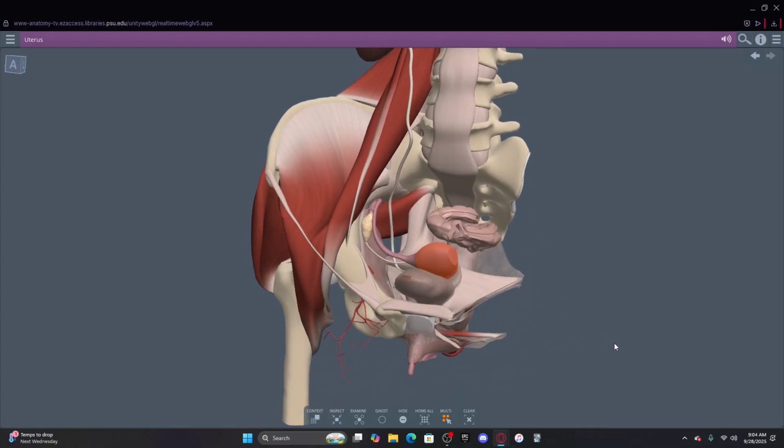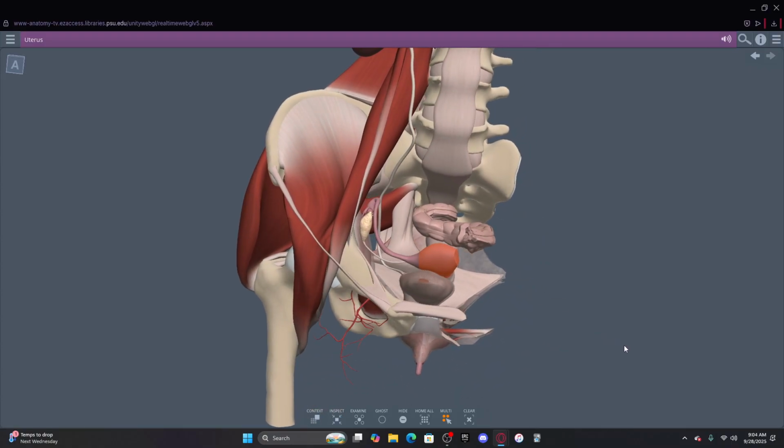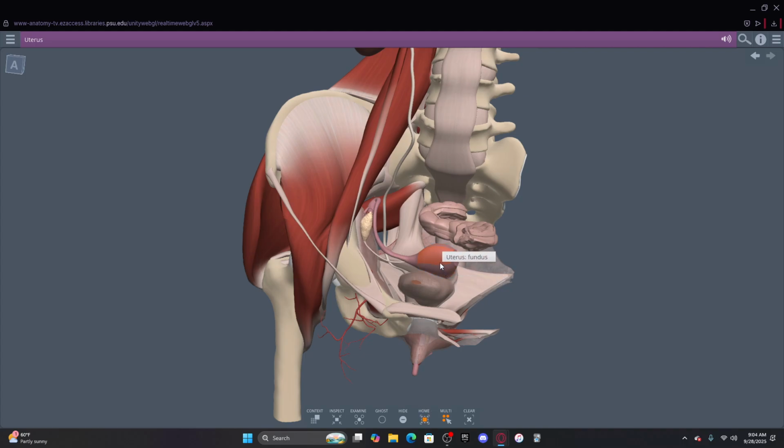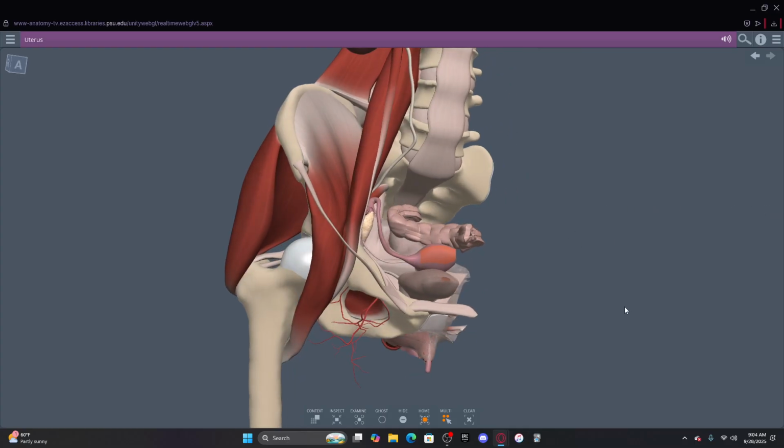So our uterus, and from our uterus we see the fundus, on top of the uterus. Remember, fundus of the stomach, fundus of the uterus. The fundus is just the highest point, the tip of it. So we have the fundus of the uterus, and then we have the uterine tube, the oviduct, or the fallopian tube. And that would be this structure right here.